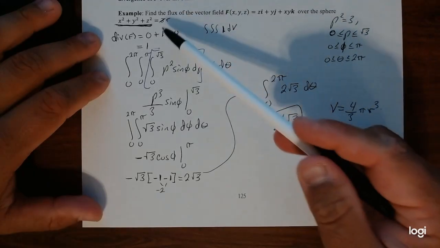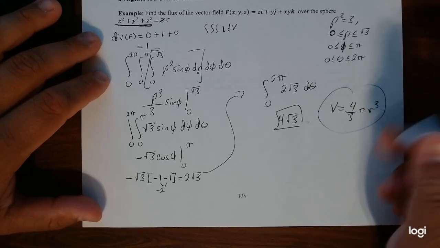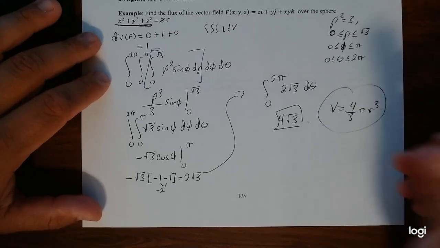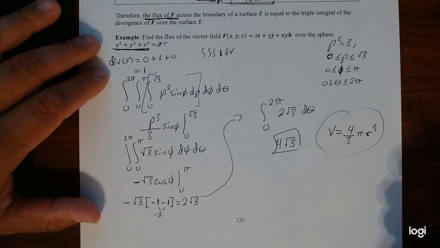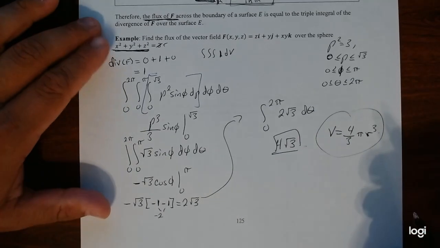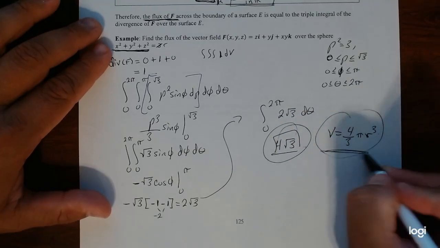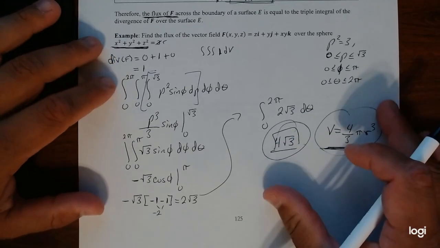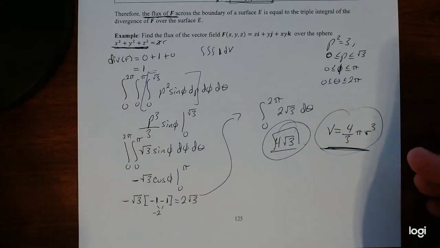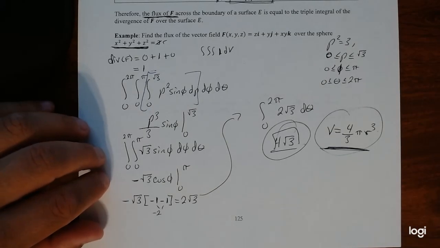So it shows that getting the flux of a vector field over a surface actually gives you the volume itself, and the general volume of any sphere. So this is another algebraic approach to finding the volume of things without doing it geometrically, which is pretty cool.